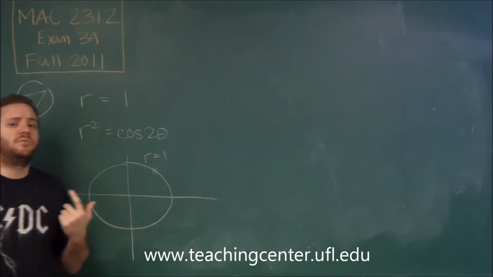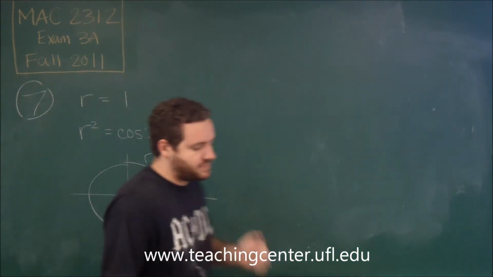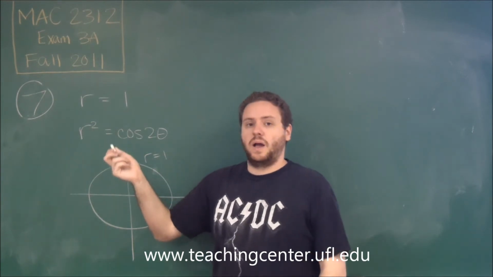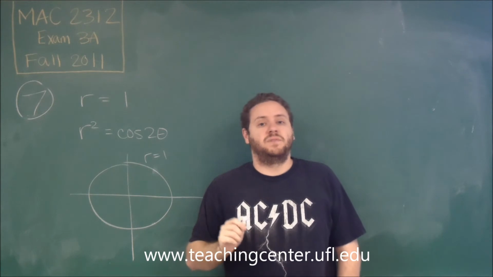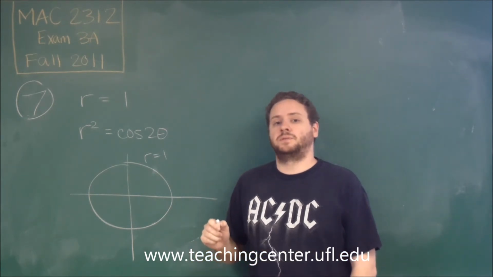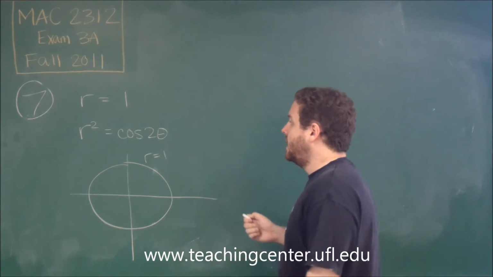So this is a particular form that it would be worth memorizing for this exam. So when you have r squared equals and you have either a cosine or a sine with a double angle, that's a very specific type of graph. It's always a two-leaved rose. It probably has another more specific name than that.